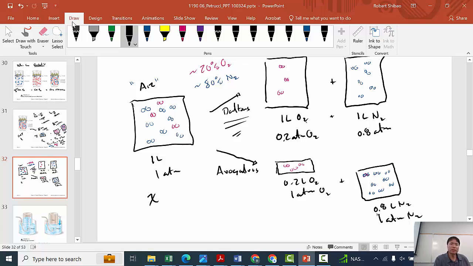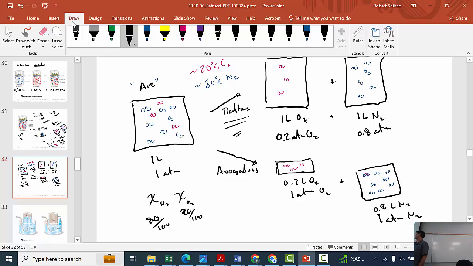So the mole fraction of nitrogen and the mole fraction of oxygen is always the same. So that's like 20 out of 100. This is 80 out of 100. This is 20 out of 100. And so mole fraction, mole percent is always true. Dalton's is true if the volume is constant. Avogadro's is true if the pressure is constant.